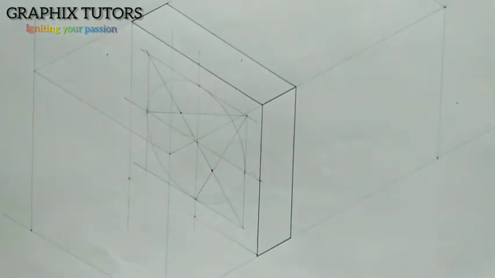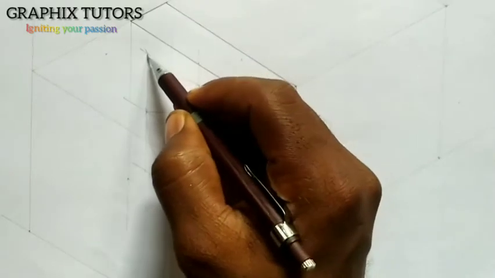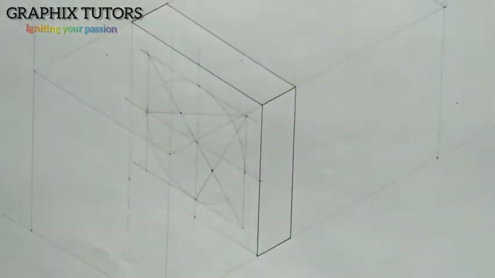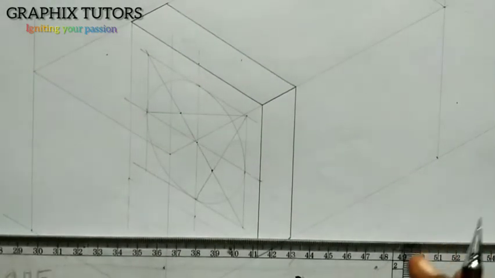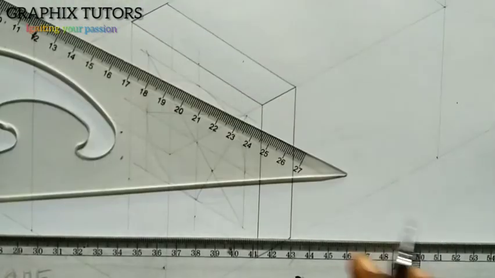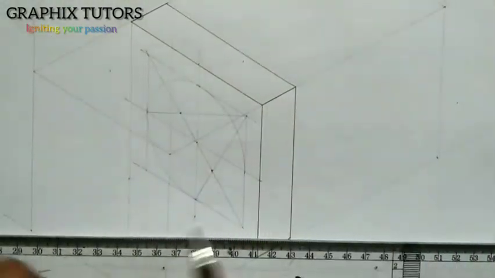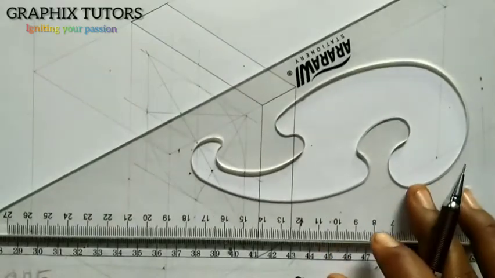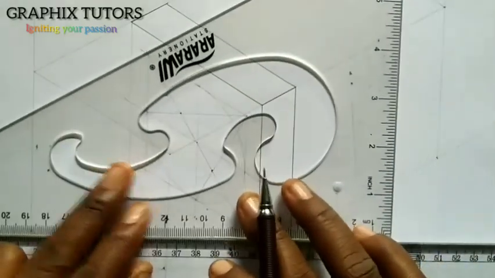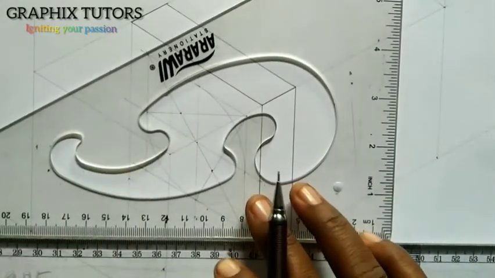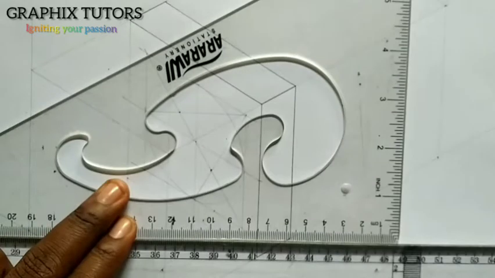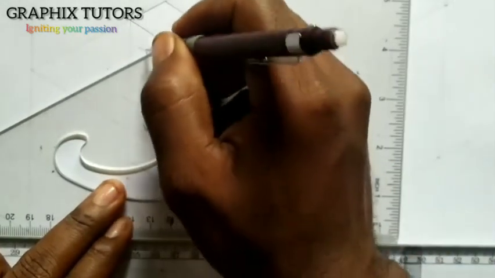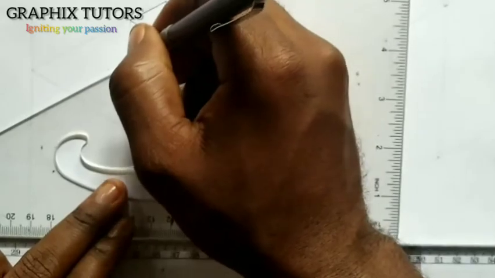We go to the end of this point here, right? With the help of your T-square and your set square, you draw a parallel line like this. It's turning this way, and you move it to this point here. Right? If you move it there, draw from this point, you extend it outward.